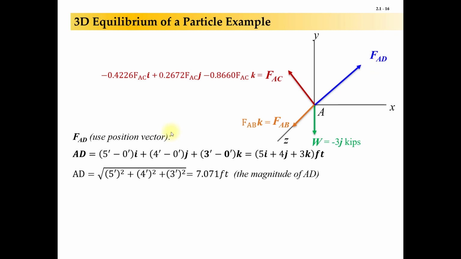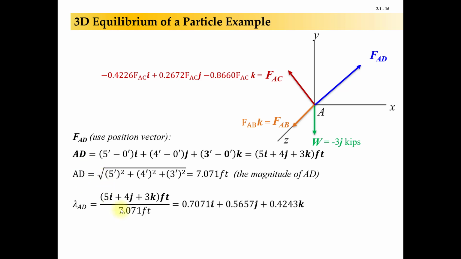The magnitude of that is the square root of the sum of the squares of 5, 4, and 3, so that gives me 7.071 feet. So now I'm going to divide the Cartesian vector form of AD by the magnitude of AD, which gives me the unit vector AD, lambda AD, is going to be equal to 0.7071i plus 0.5657j plus 0.4243k. Again, no units because the feet cancel.